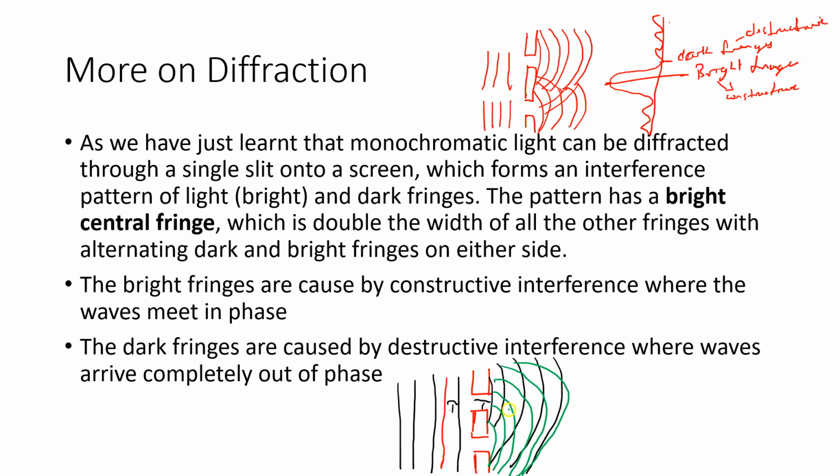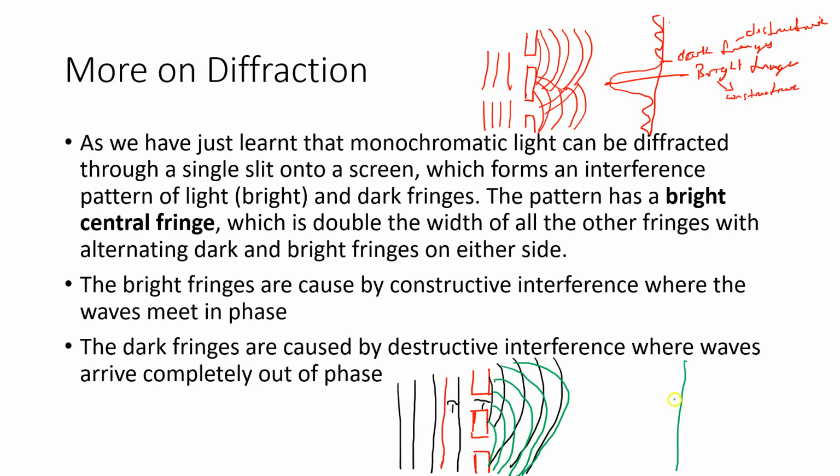Whenever the waves meet constructively, what we have come to observe on a screen is that there are patterns formed, and these patterns show us that there is interference taking place.